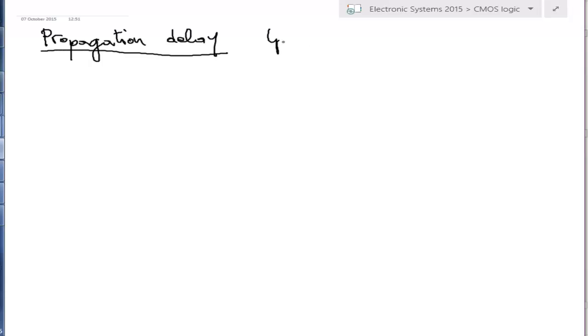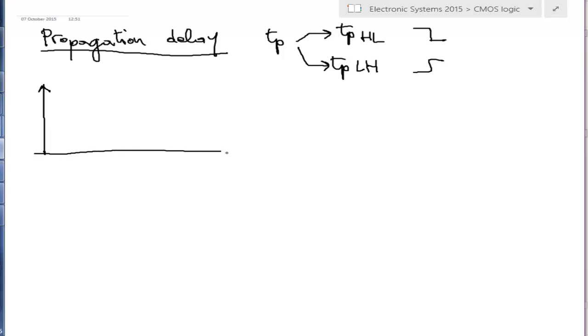The propagation delay is usually called TP, and there are two different propagation delays for an inverter. Typically you have the TP from high to low of the output and the TP from low to high, that in principle are not the same. So this is the situation in which you have this transition, this is the situation in which you have this transition. So let me remind you the definition of propagation delay.